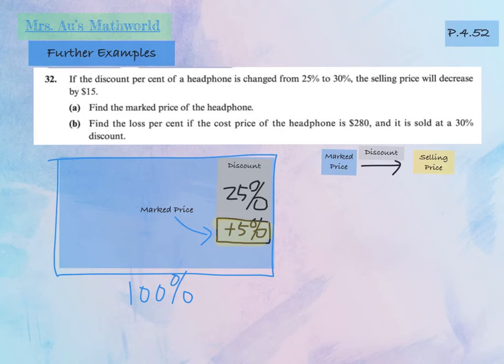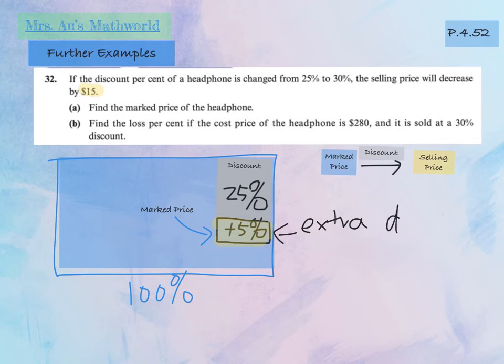$15. Not really the selling price, okay? It says the selling price will decrease. It means this 5% extra discount, okay?